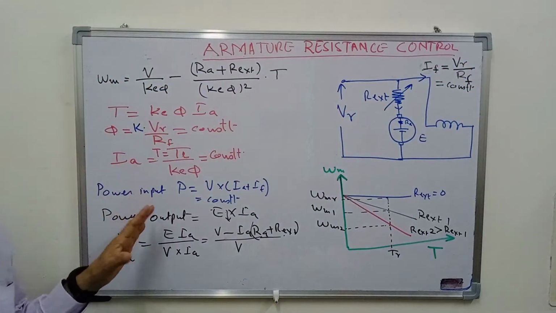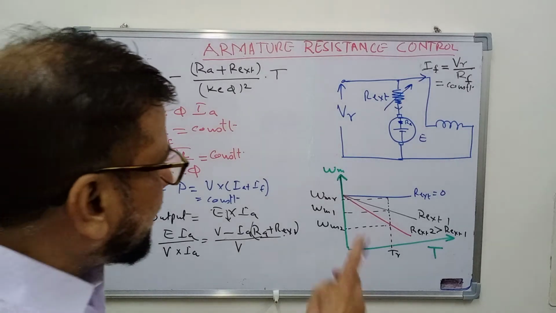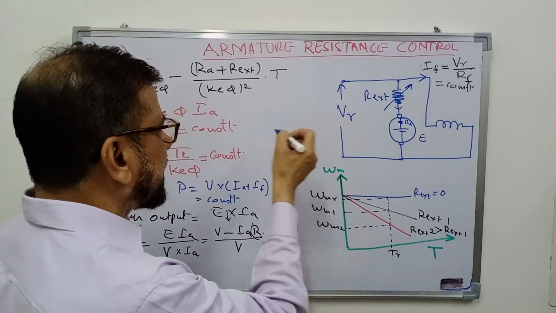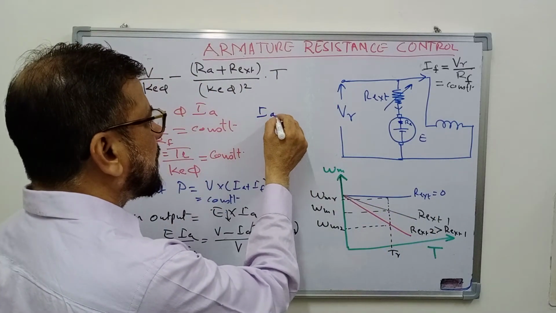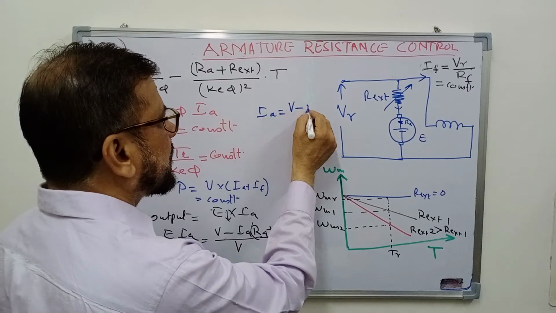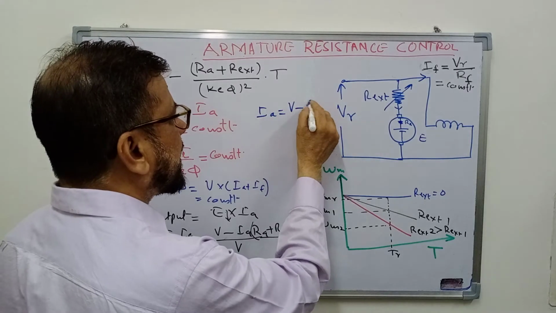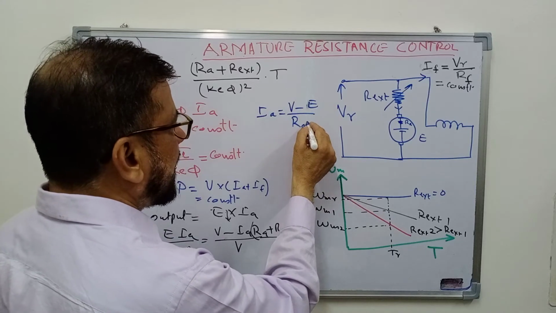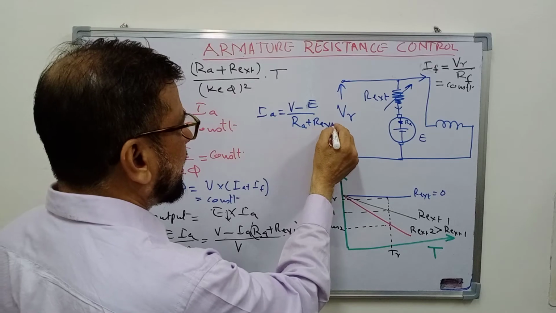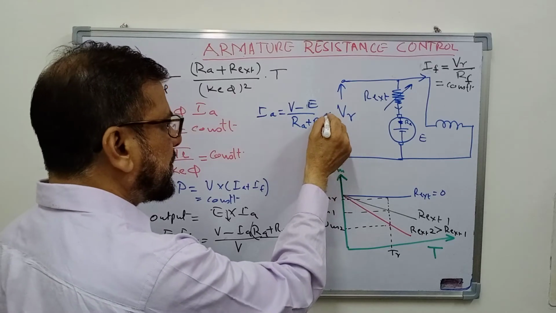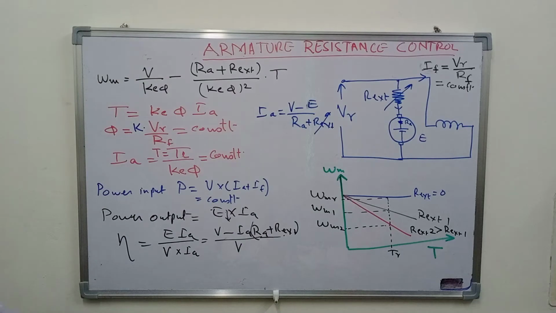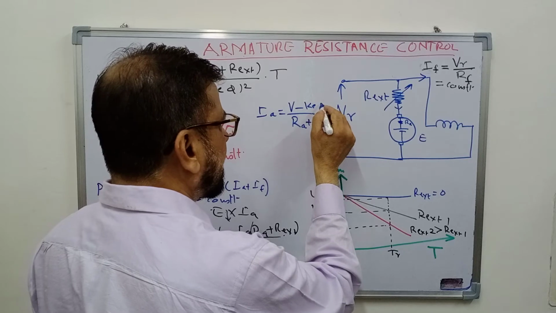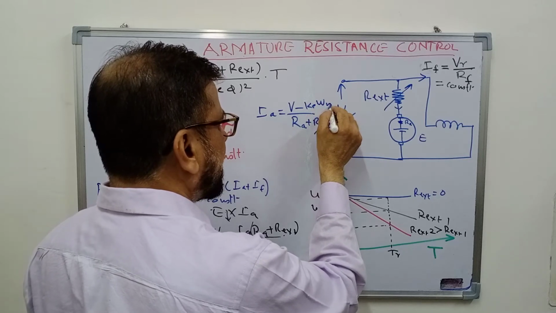This you can understand very easily. What happens when you increase the resistance? In the beginning, when you increase the resistance, the current drawn by the motor is given by V minus E, the back EMF, upon the resistance, that is Ra plus R external. Initially the back EMF depends on the speed of the motor, phi is constant.